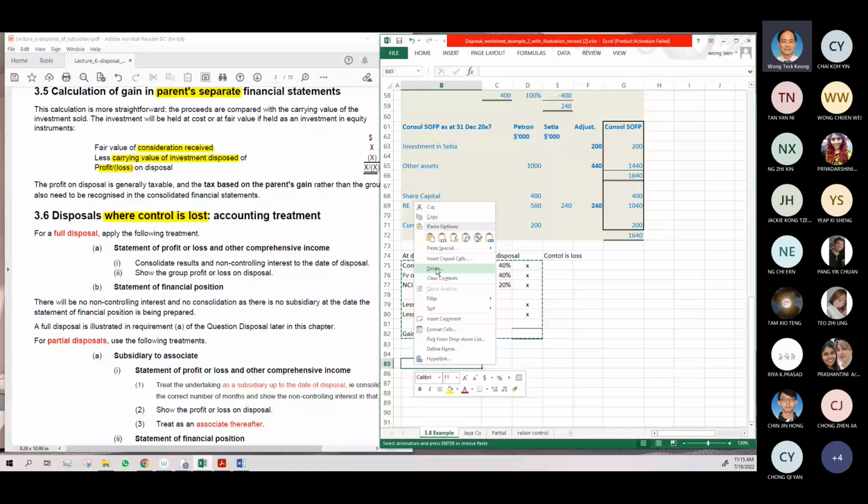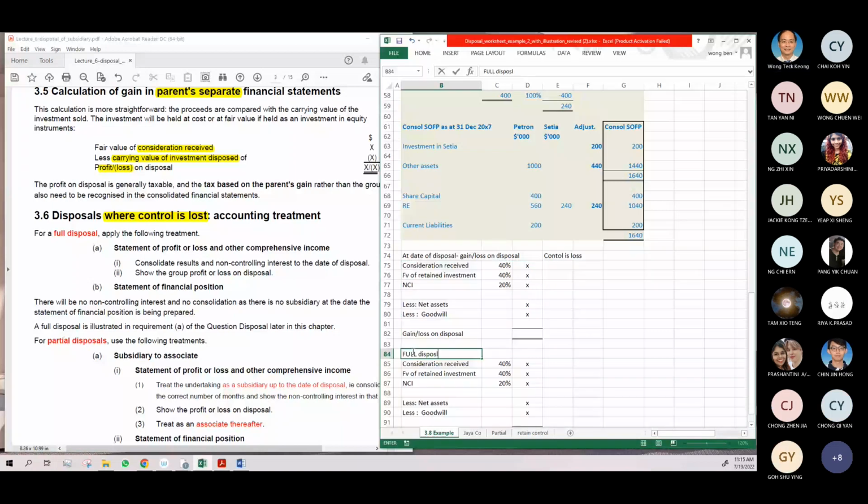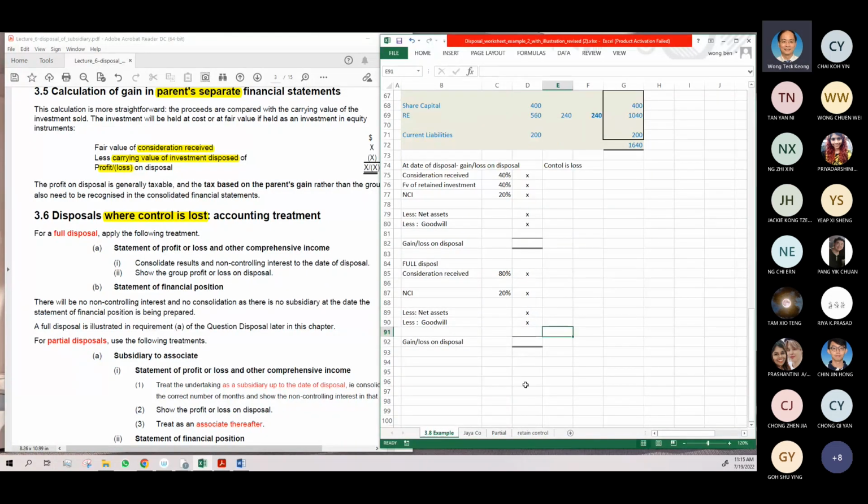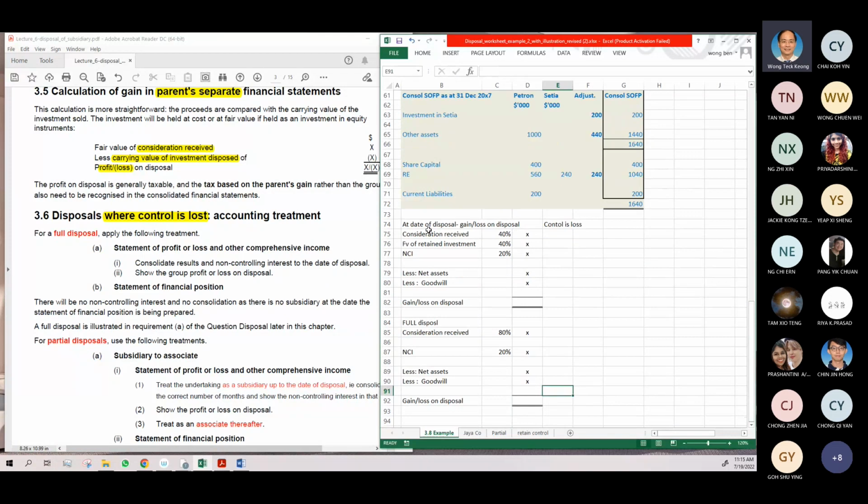So then you don't have this column only. The rest are the same. So you dispose all the 80%. Yeah, gain or loss. So this is the partial one. Partial, from subsidiary to associate.